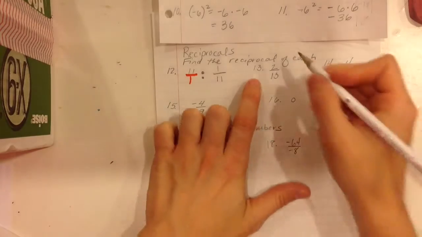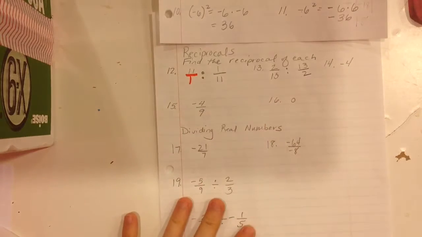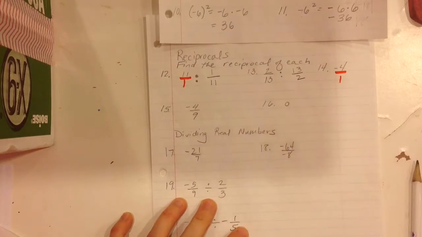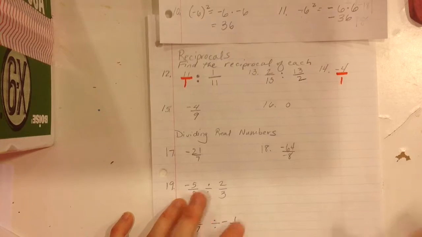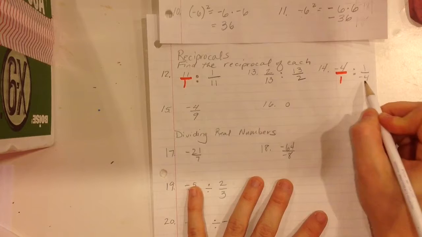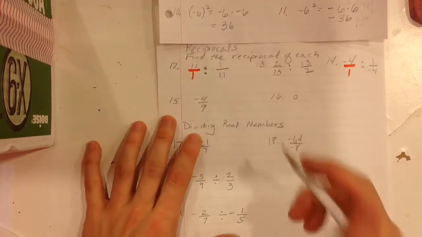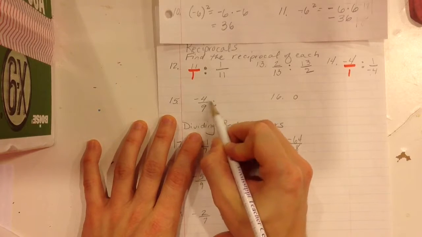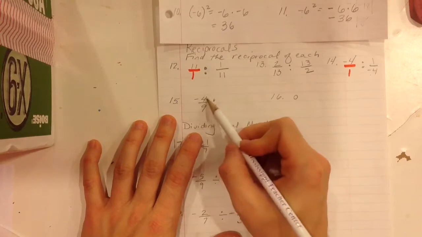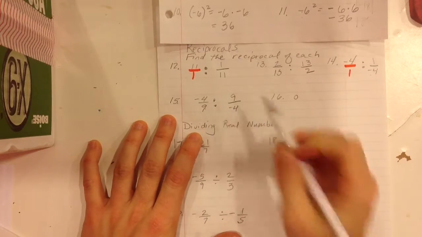So the reciprocal of 2 over 13 would be 13 over 2. Again, for number 14, we have -4, and I'm just going to write over 1 so you know how to flip it. And I have 1 over -4. Remember, you don't change the sign, it's going to stay the same. Number 15, I have -4 over 9, so that's going to be 9 over -4.